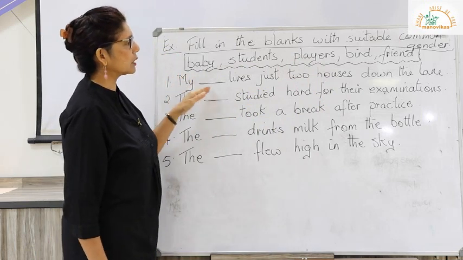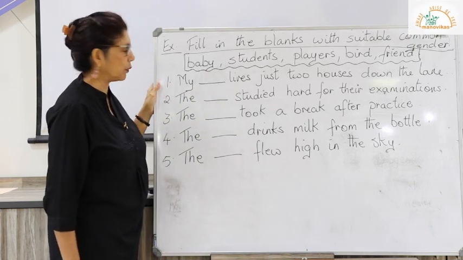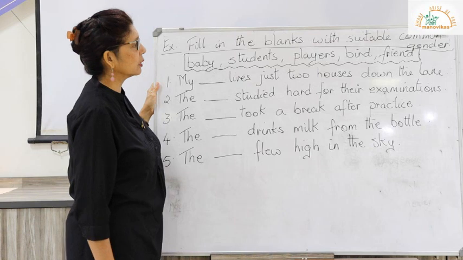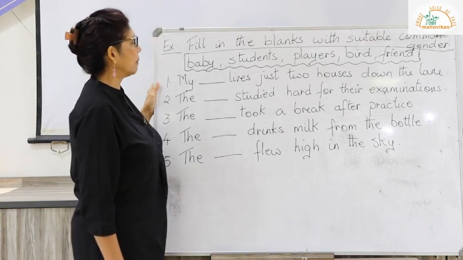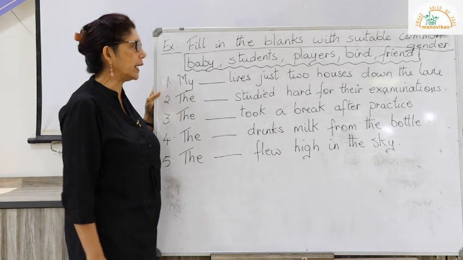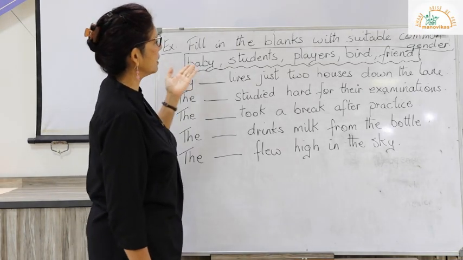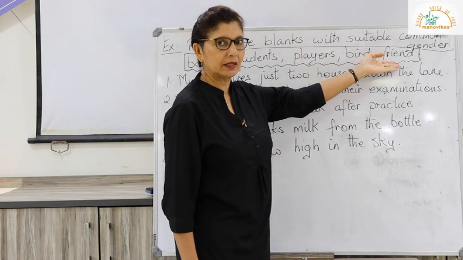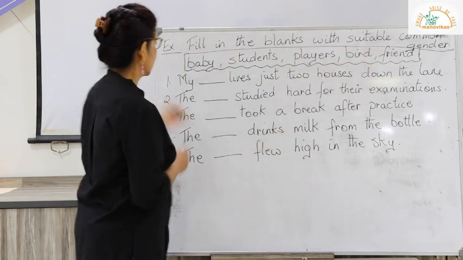So let us use them in the sentences below. My dash lives just 2 houses down the lane. Which word will you use? Baby, students, players, bird or friend? Friend, right? Yes.